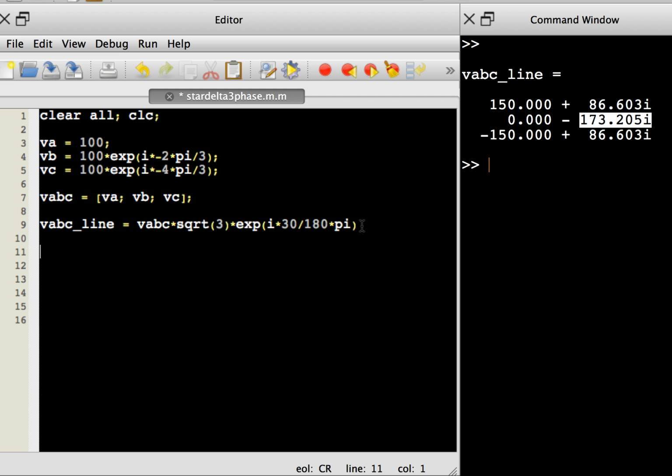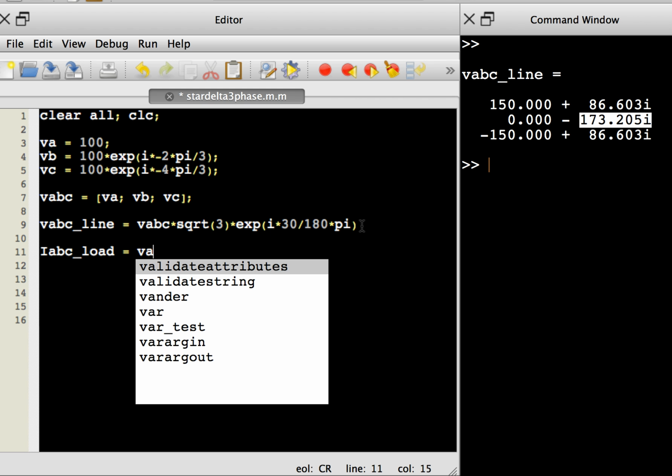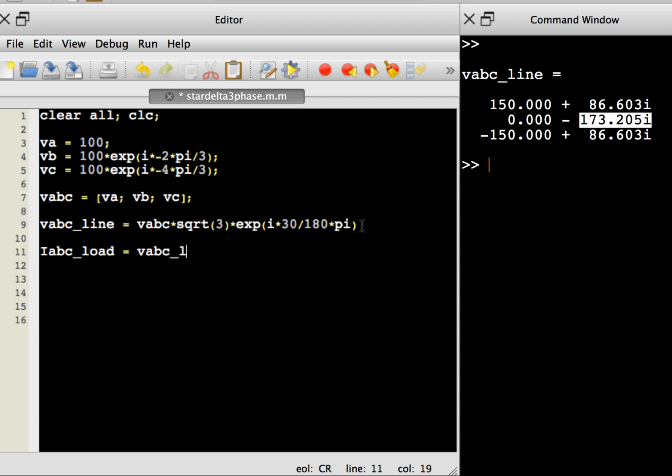Now what are my phase load currents? So IABC load. VABC line is nothing but VABC load phase voltage. So this divided by the impedance. Since it's a matrix, it will divide all of them. So what is my impedance? So 2 plus 7i is my impedance. So let me run this once again.